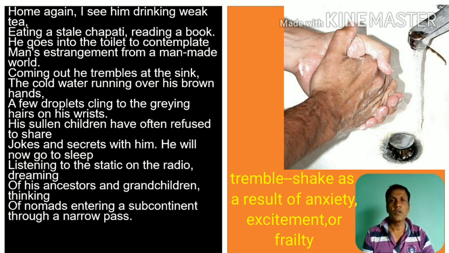They are trembling because of his old age, or because of the coldness of the water, or the fearful thought of his own isolation from his own family might be responsible for the trembling of his hands. The fearful thought of estrangement in the man-made world, in his own family, also is responsible for the trembling of his hands.